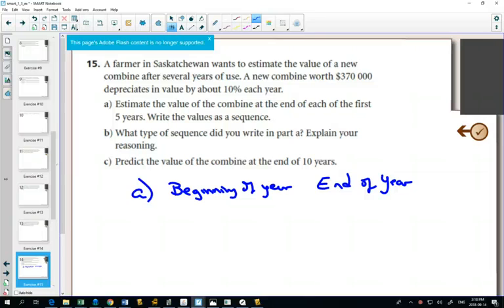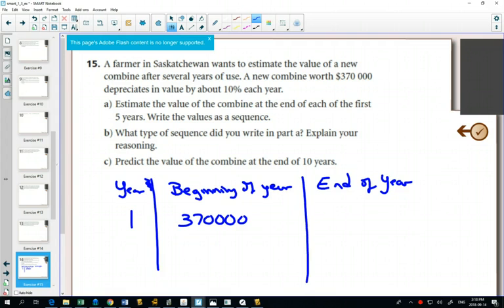And maybe I'll put year 1 at the beginning. It's worth $370,000. At the end of the year, it's worth 10% less.